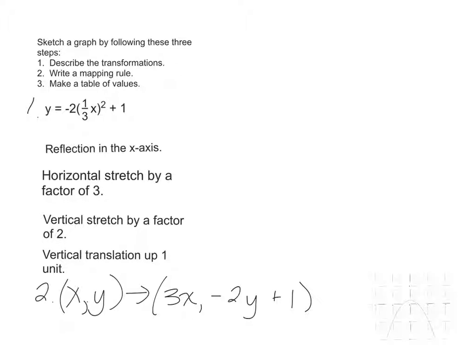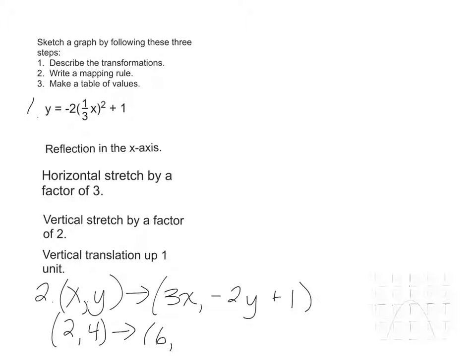What would be one point that's on y equals x squared? 2 and 4? Okay, let's look at where 2 and 4 would go with this mapping rule, and then we'll check it by graphing with a calculator. 2 and 4, which is a point on y equals x squared, will map to 3x, so that's 6.